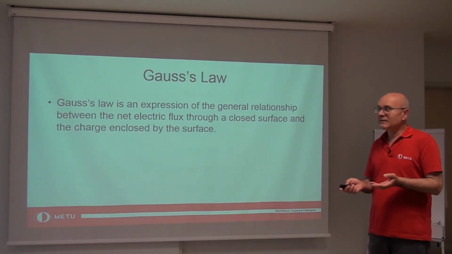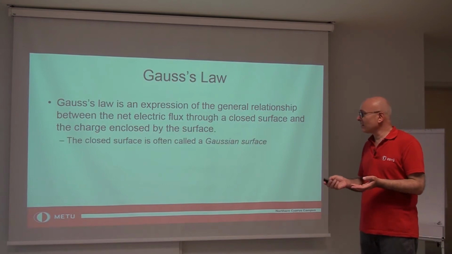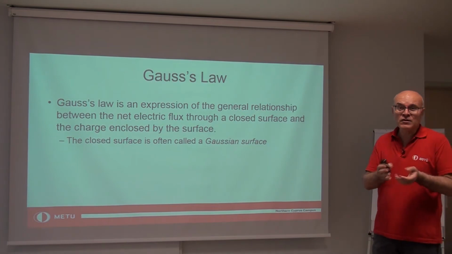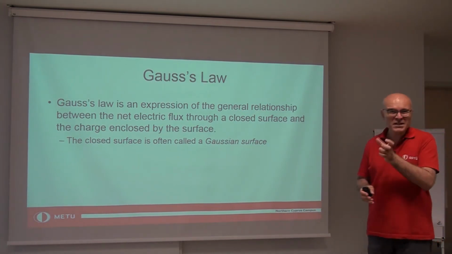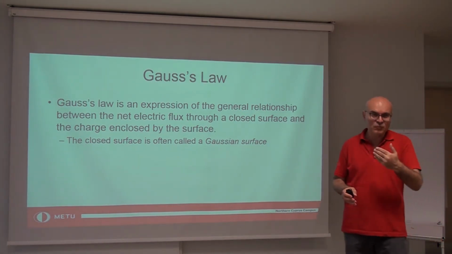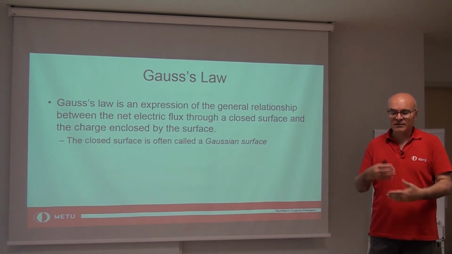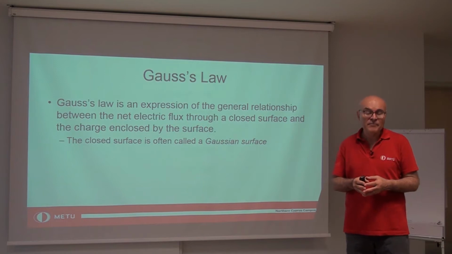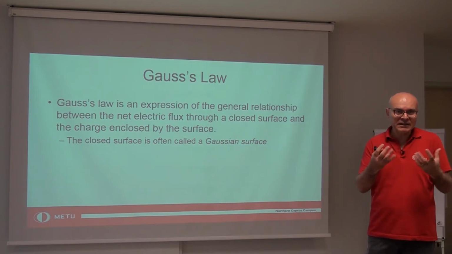Now, this surface, the closed surface where you apply Gauss law, is called the Gaussian surface. This term is crucial, and it will come up all the time during the analysis, and we have to internalize it and understand.